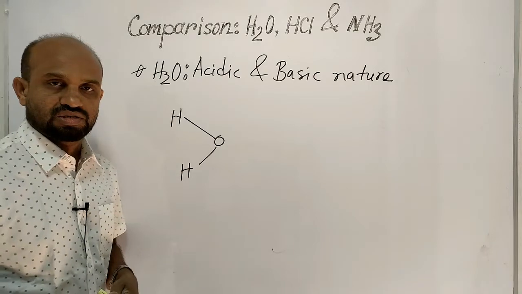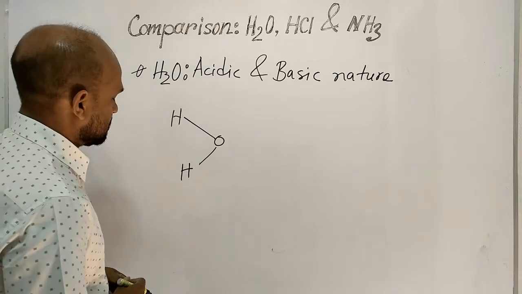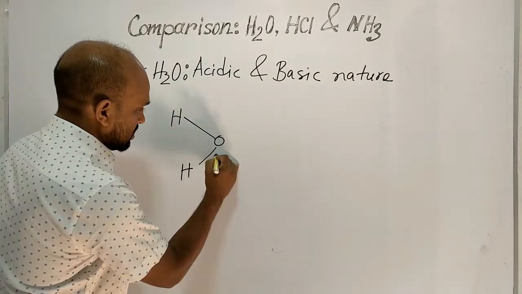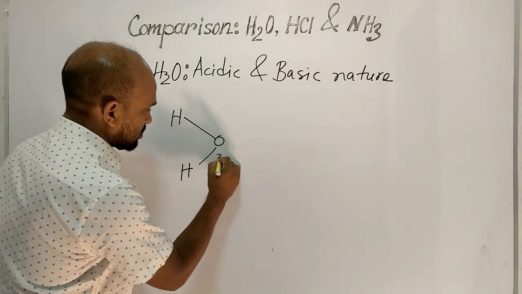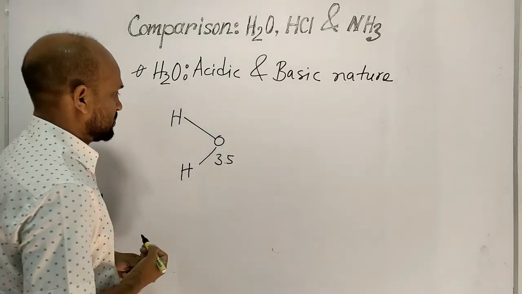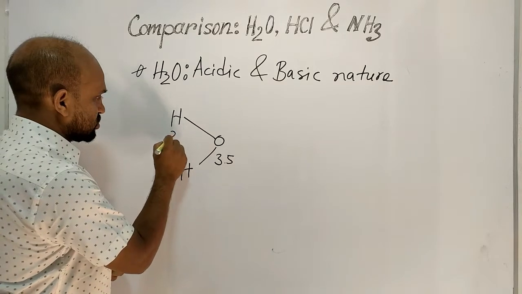This is the structural formula of water. Here, the electronegativity of oxygen is 3.5 and hydrogen is 2.1.